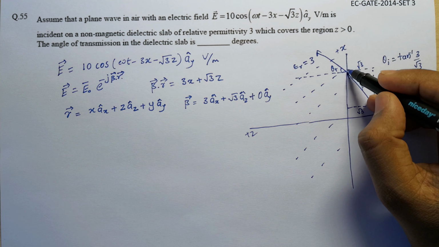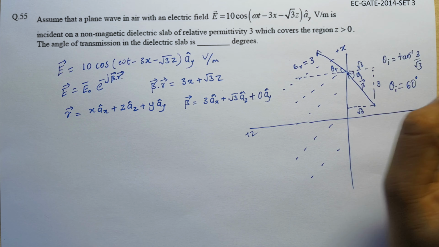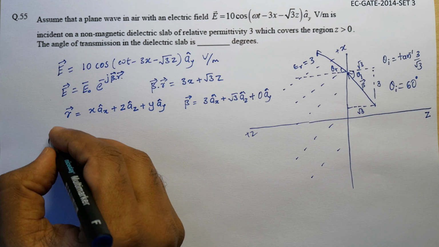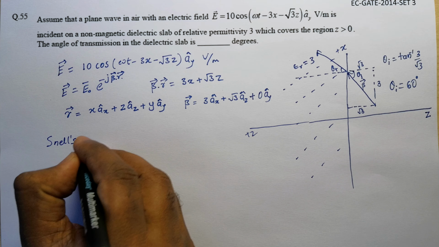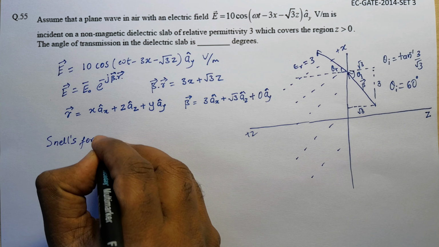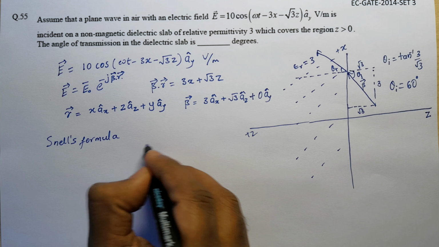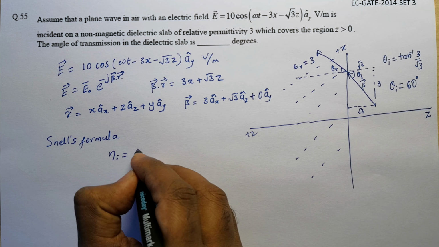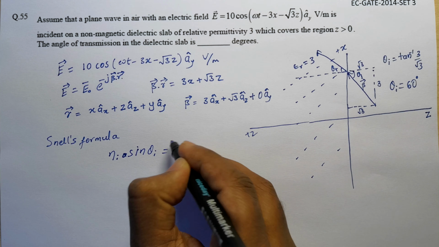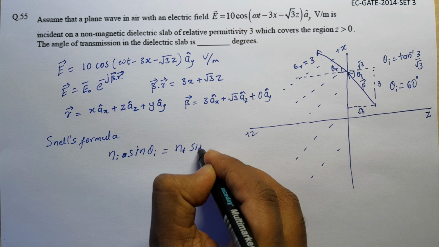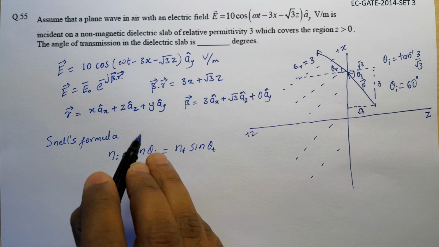So, at this point at the interface, let us just apply Snell's formula. Snell's formula for refraction is given as Ni sine theta I equal to Nt sine theta t.